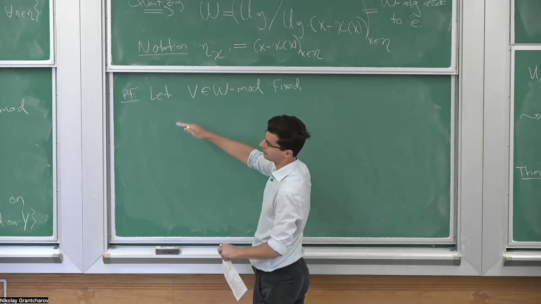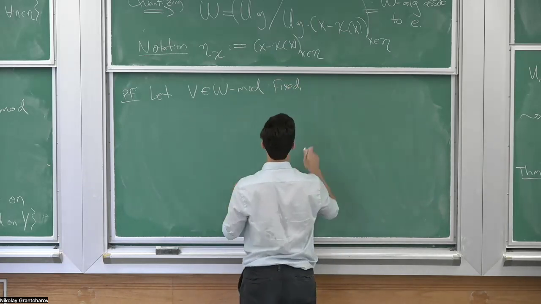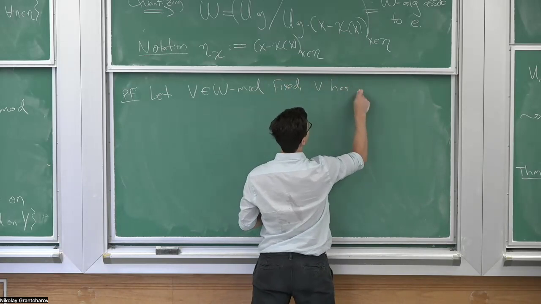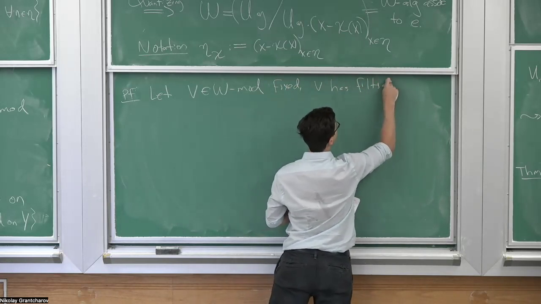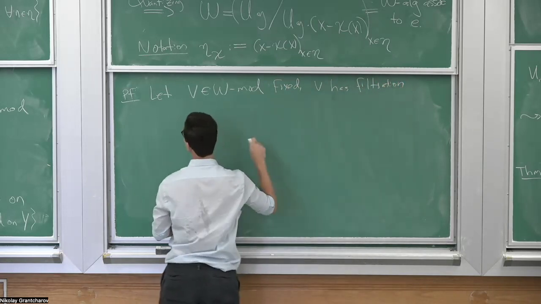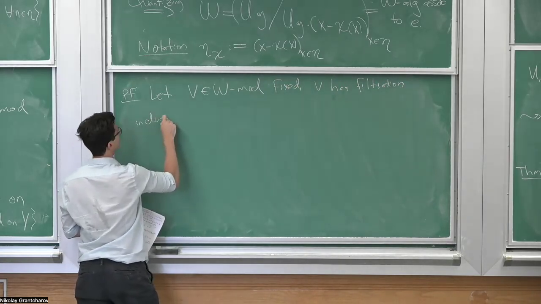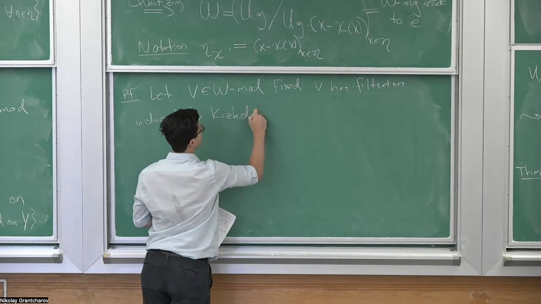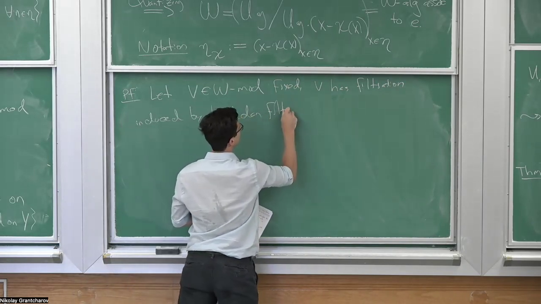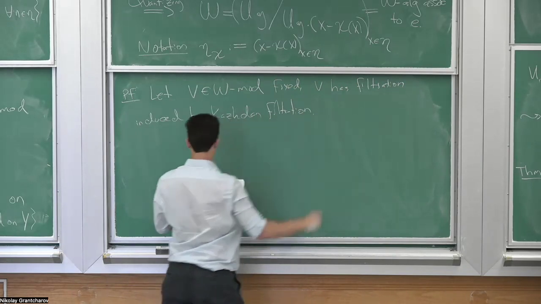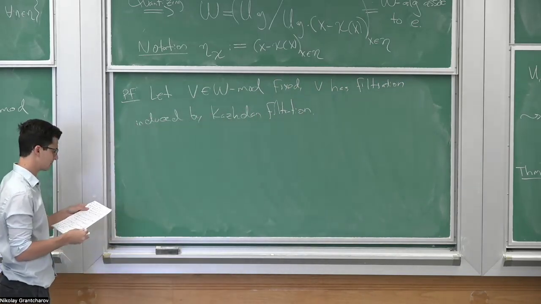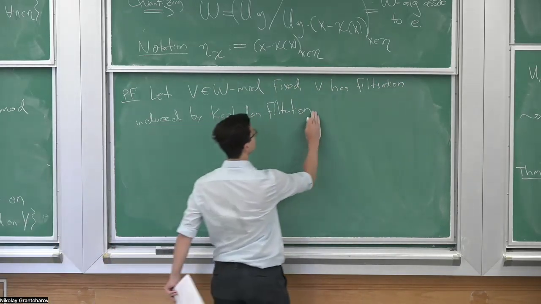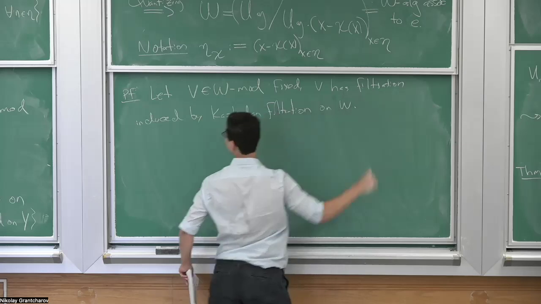This V has a filtration induced by the Kazhdan filtration on the W-algebra.